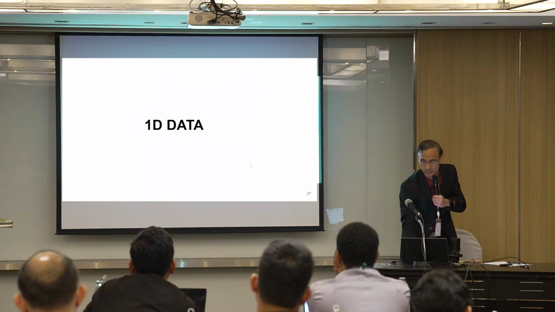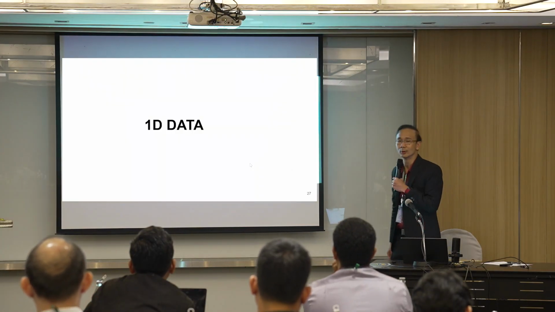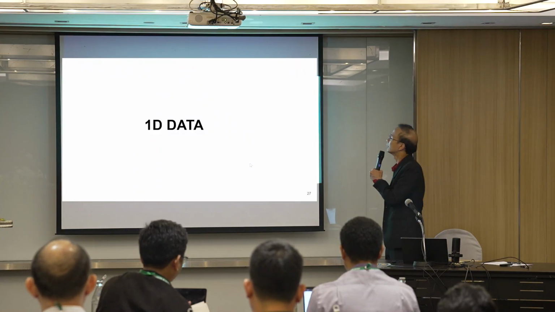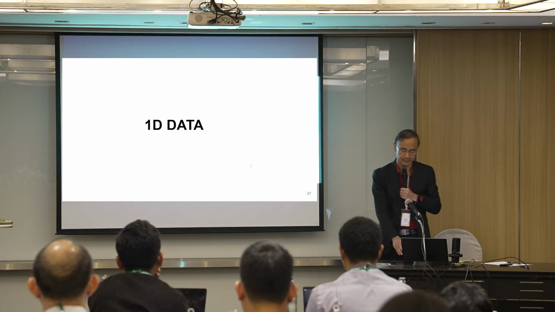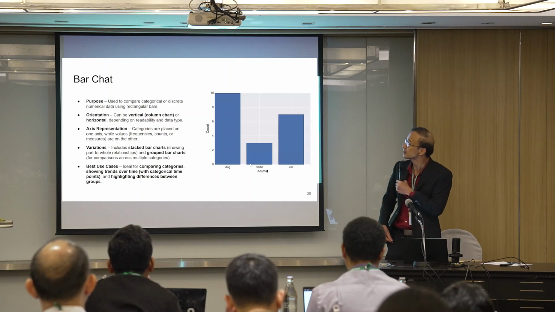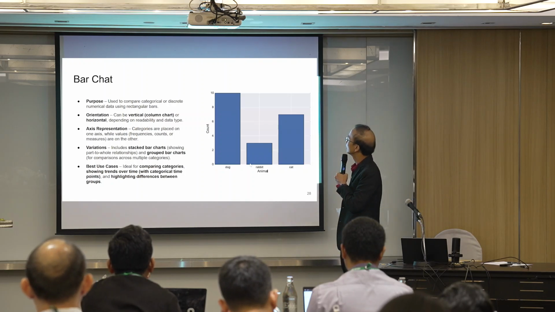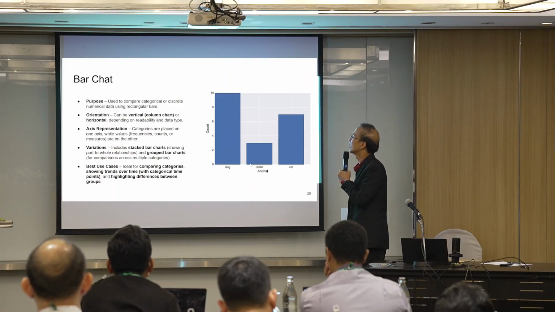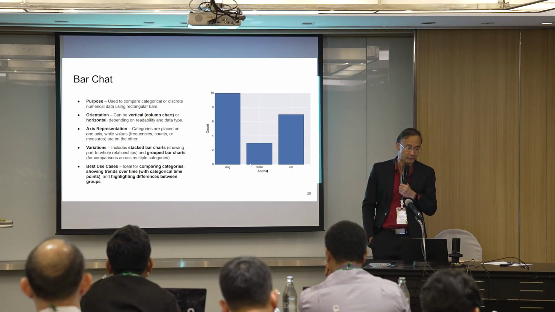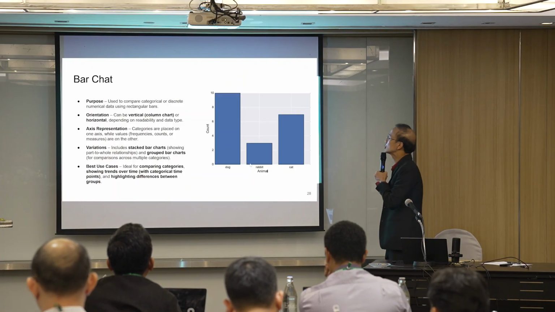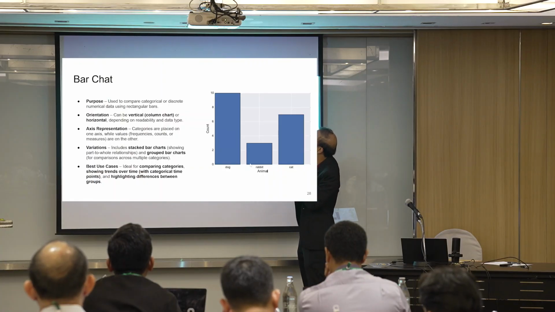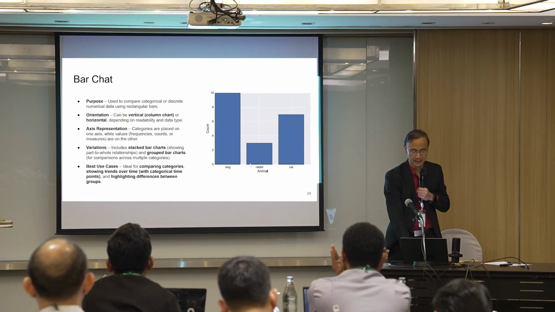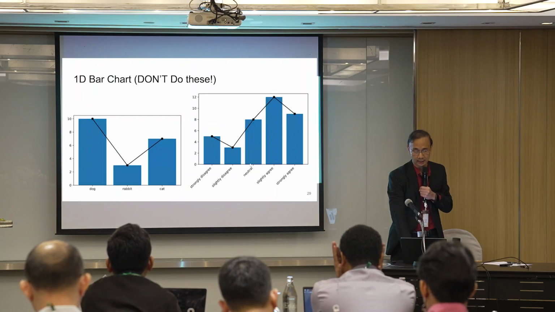Now let's look at some different types of data that are available and how to present them. So we talk about bar chart, right? That's a basic type of chart that we use to show some quantity, some numeric value, for one-dimensional.